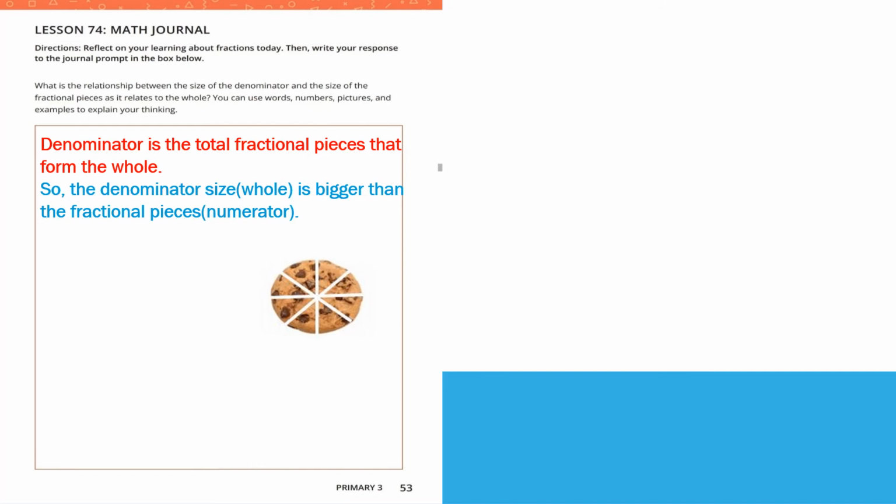And the denominator, the total, is bigger than the fractional piece only, which is the numerator. So the denominator, which is the total number, is greater than the numerator, which is the one piece only, or fractional piece.